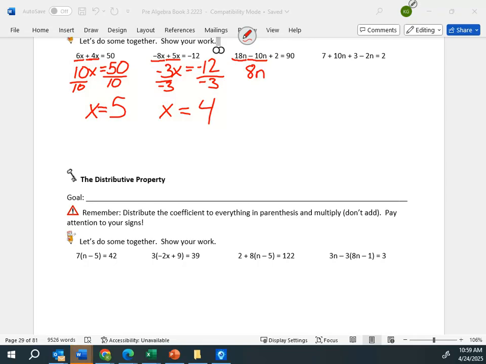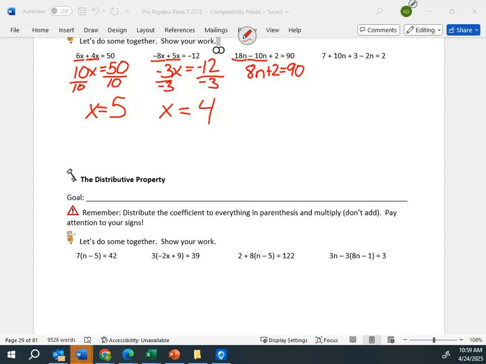The variable is super important because then we bring down that plus 2. If we had forgotten to put the n on there, we might have accidentally added 8 plus 2. But it's not 8, it's 8n, which is a different term than the constant of 2. So we have to make sure to keep the variable. And then we put that equals 90.